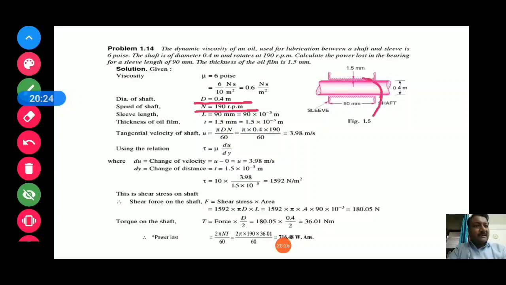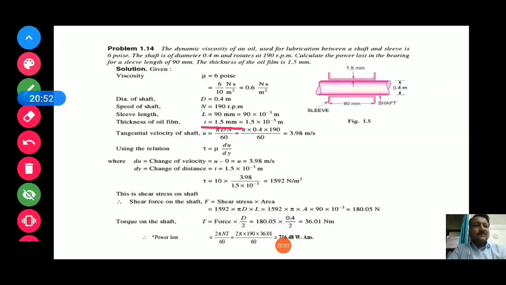Next, the sleeve length is given as 90 mm. Convert it into 90 into 10 raised to minus 3 meter. The thickness of the oil film is 1.5 mm.